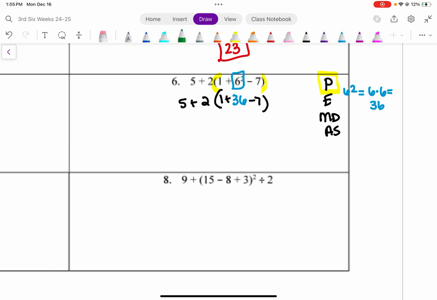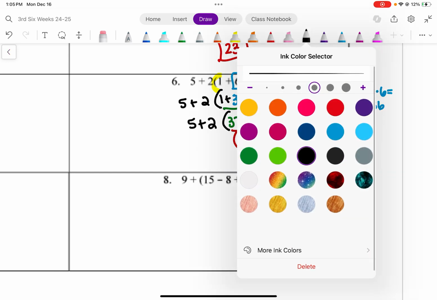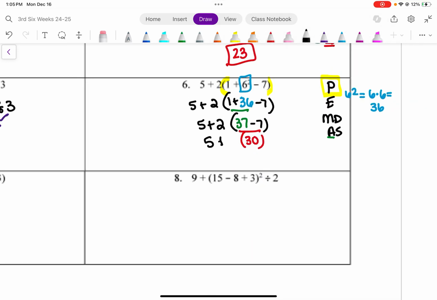So now in the parentheses, I see addition. So I'm going to add those. So 37 minus 7. Write everything else back down. And now 37 minus 7 is 30. I leave the parentheses, and the reason why I leave the parentheses is because of problems like this.